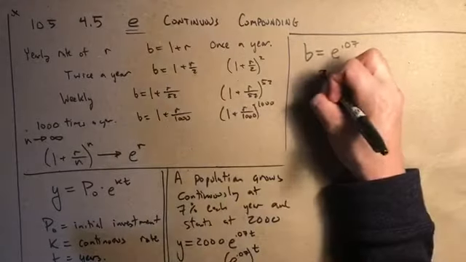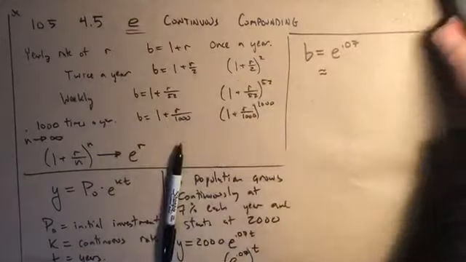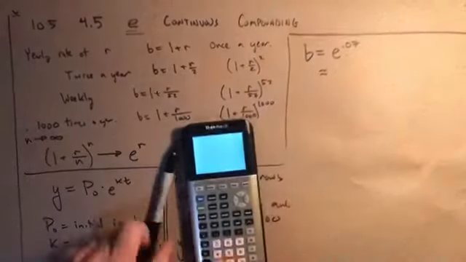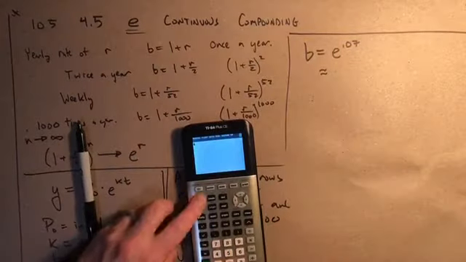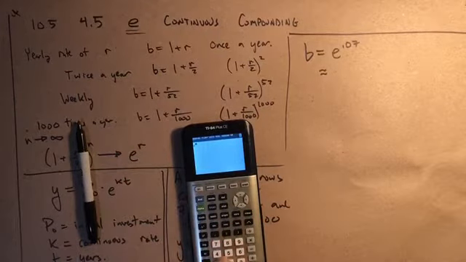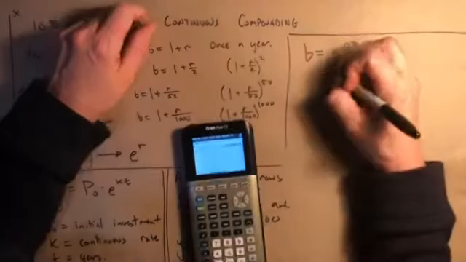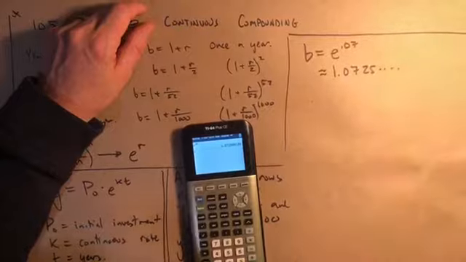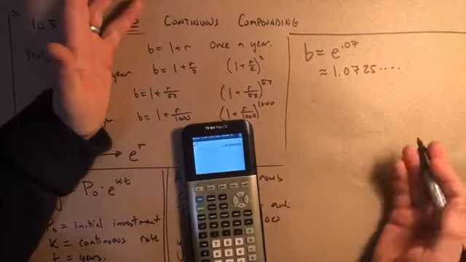Now, if I was going to throw this into my adding machine, and I will, we have an e button right here. I can say second e raised to the 0.07, just to see how big a growth factor this is. And this is 1.0725, blah, blah, blah. And so what does that tell me?